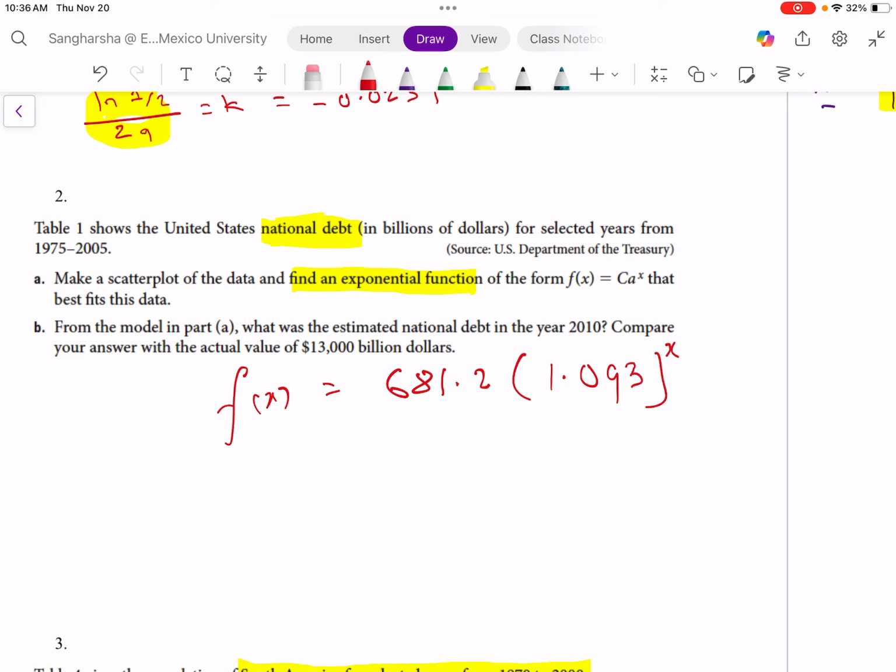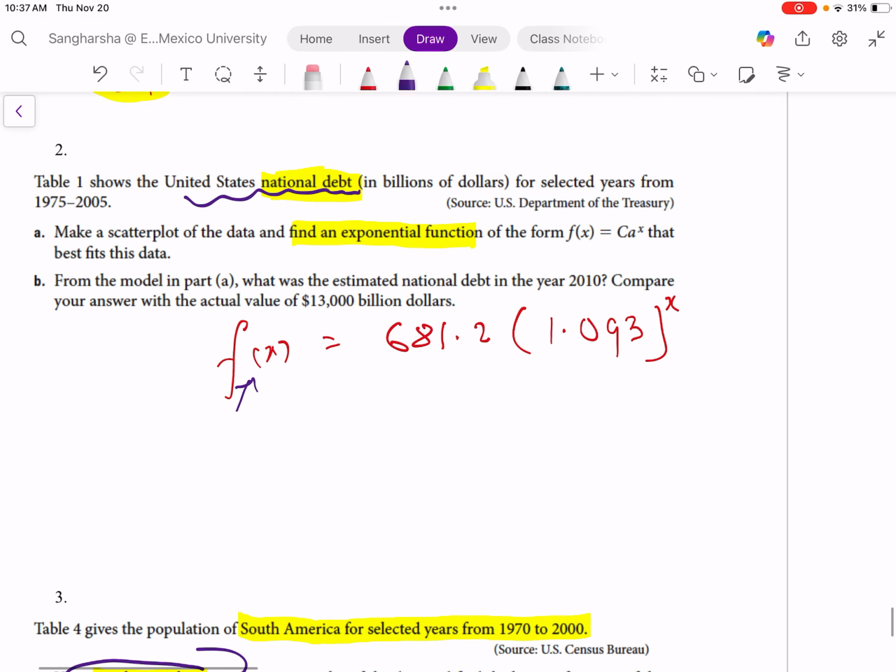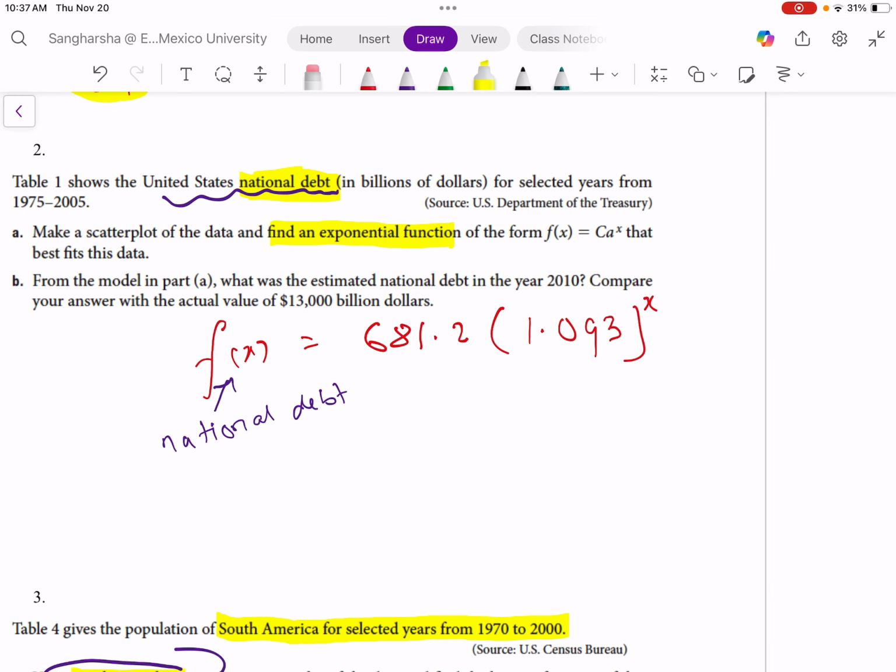Can you tell me what type of function this is? Is it a log function or exponential function? Exponential, right? Because our input is in the exponent. Now, what does f of x mean? f of x is the United States national debt in billions. Now what about x? How did they define x?